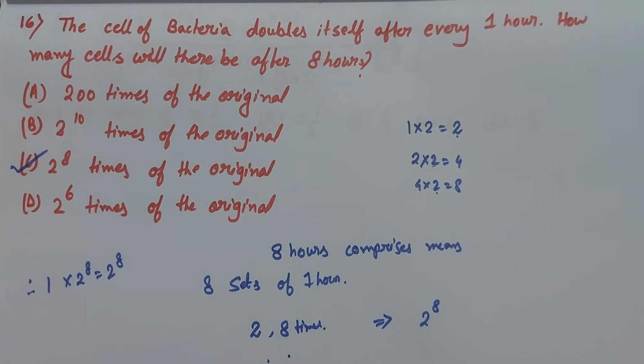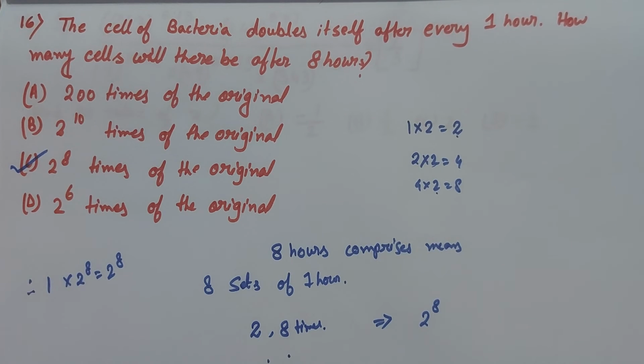I am repeating again. The cell of bacteria doubles in every 1 hour. So the bacteria cell in every 1 hour is 1 into 2 equals 2. For every 1 hour passed, we multiply 2 with the previous amount. So 8 hours means 8 sets of 1 hour.